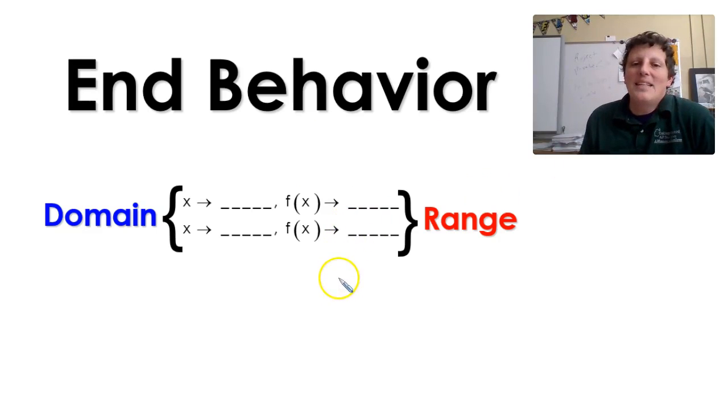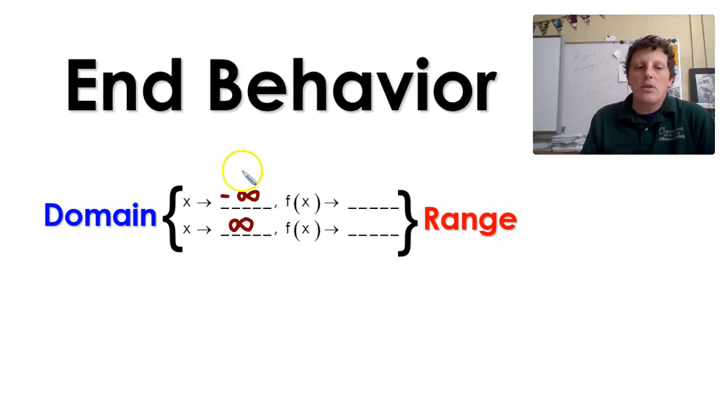I think it might be easier for us to talk about end behavior in the context of some problems, and we're going to look at a few examples here in a minute. But basically for the domain, we're going to say x is going to go forever to the left, and x is going to go forever to the right. In other words, as our function goes to the left, what's happening to the function?